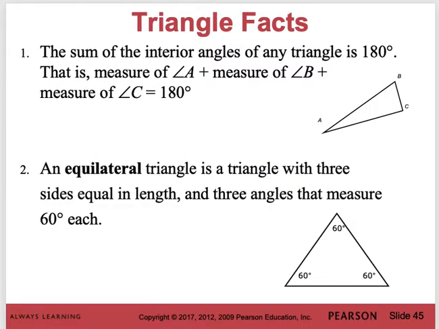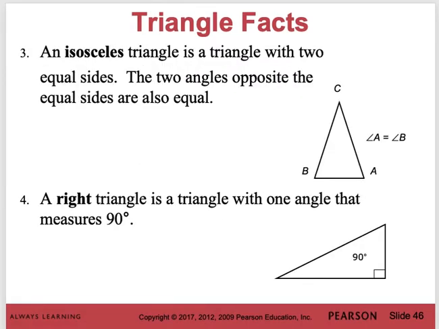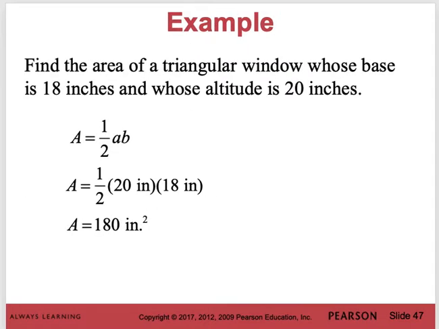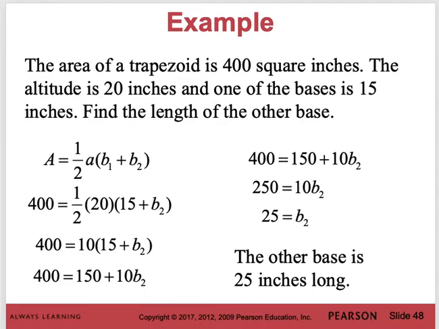We know the sum of all interior angles is always 180 degrees. In an equilateral triangle, each angle measures 60 degrees. Isosceles triangles, opposite angles are equal, and in a right triangle, we have one angle that is 90 degrees. You can use that information to help find areas of triangles in some of the problems within this section.